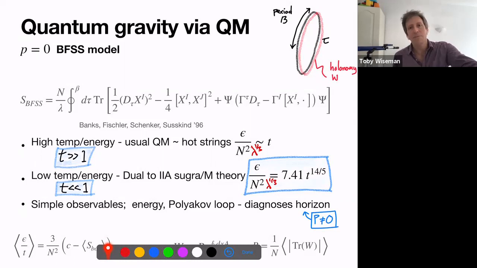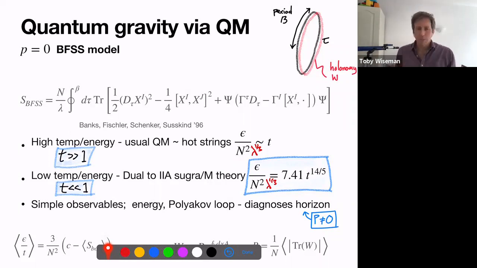If it's not uniform, it's got some interesting configuration on the circle, then we would expect there to be a horizon. It's because the trace of this holonomy is related to whether a string worldsheet exists in the dual geometry with some finite action. That's related to whether the Euclidean time circle caps off in the bulk, and therefore whether there's a horizon or not.